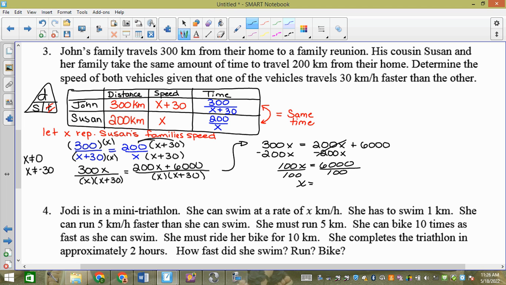And x equals 60 kilometers per hour. But what does that represent? That's Susan's family speed. And then John's family speed.